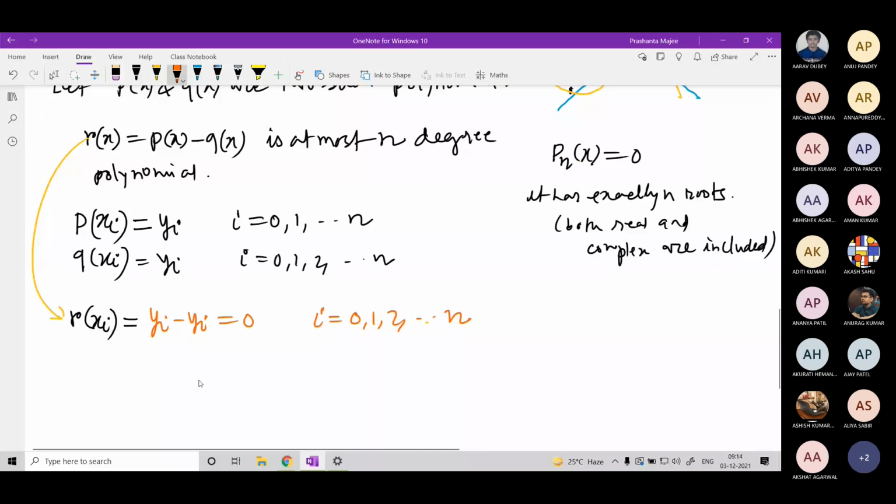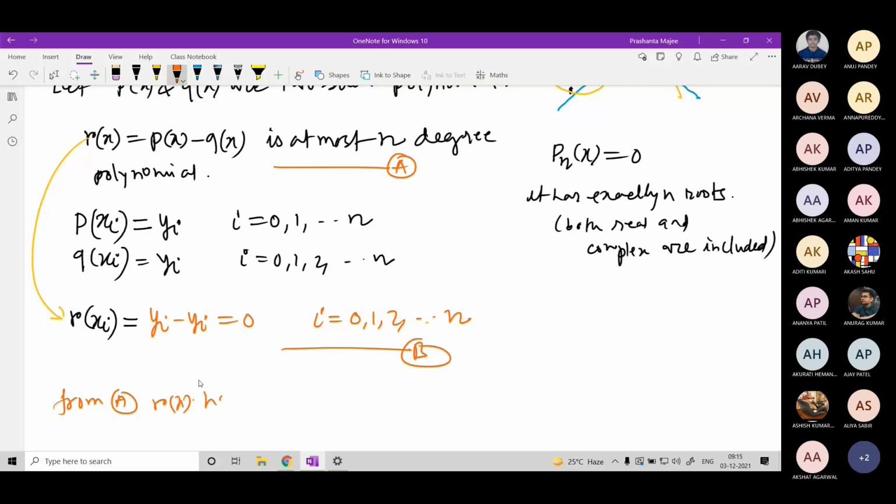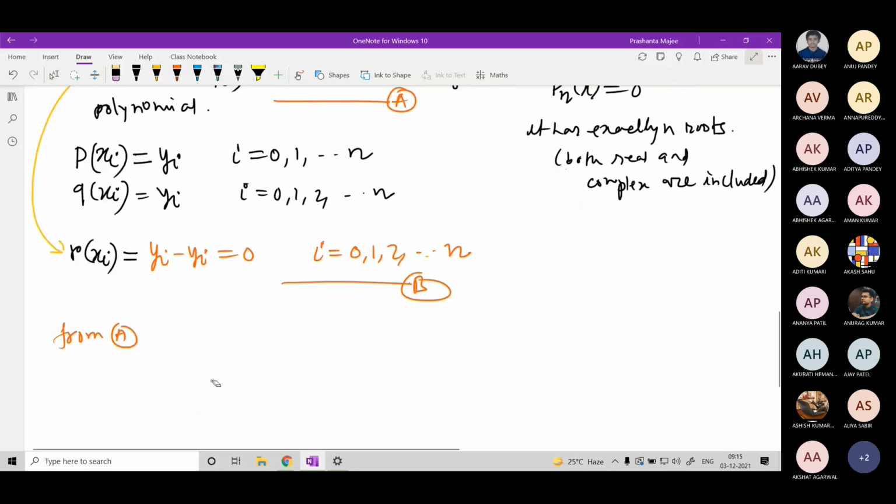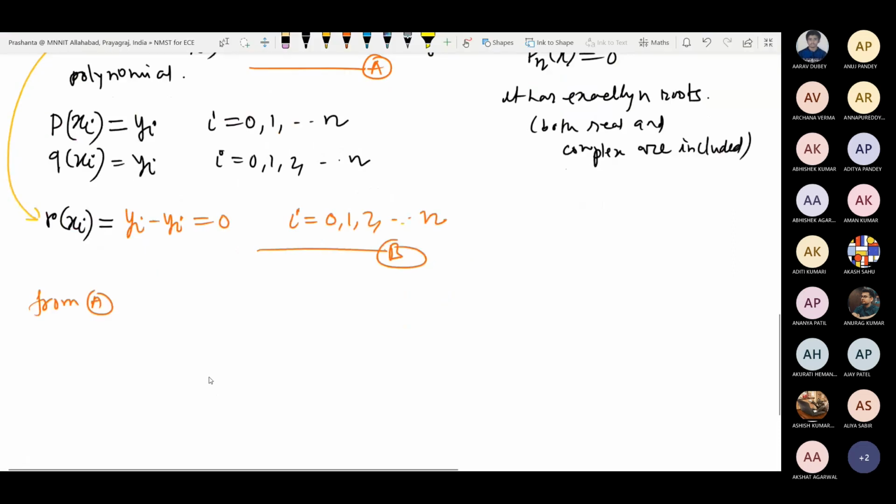Here, suppose I note this line by A and this line by B. From A, R of x equals 0 has how many roots?